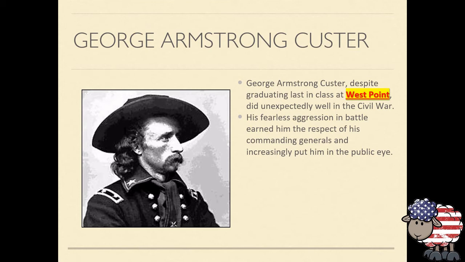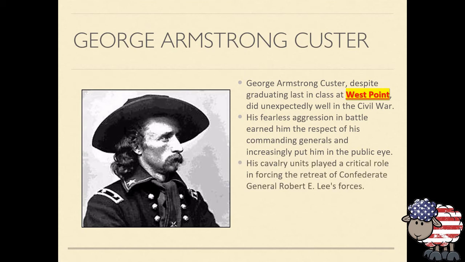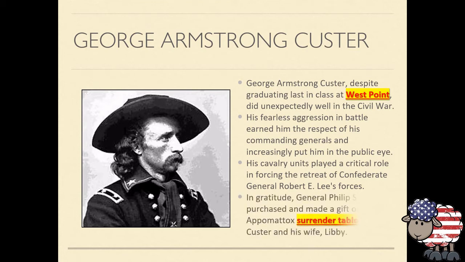His cavalry units played a significant role in the retreat of Confederate General Robert E. Lee's forces. And in gratitude, General Sheridan is going to buy the surrender table at Appomattox for Custer and his wife Libby as a wedding gift. So there's Custer.